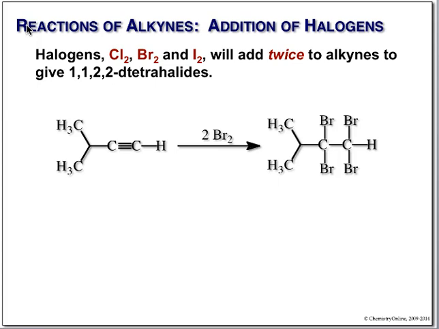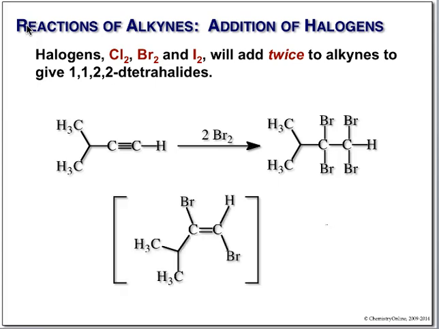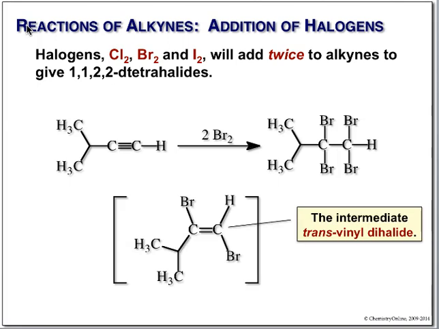So instead of a 1,2, we'll get what's called a 1,1,2,2 tetrahalide. Once again, it's stepwise. We add 1 mole here, and we make this. Just like with the alkene addition, the intermediate is trans geometry.